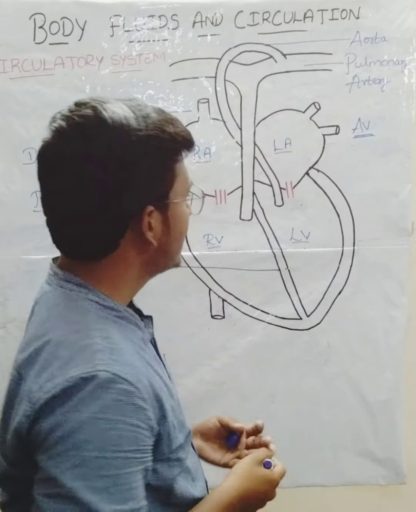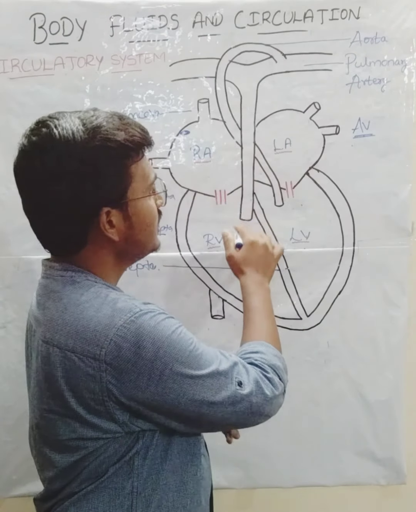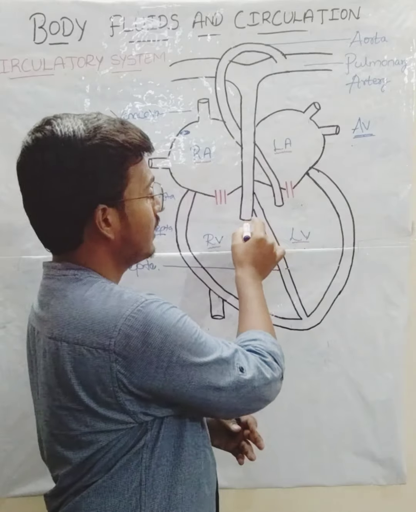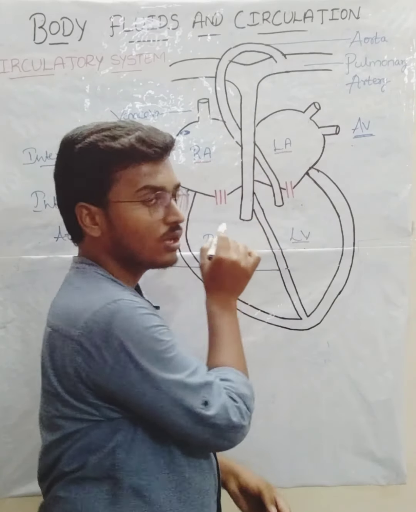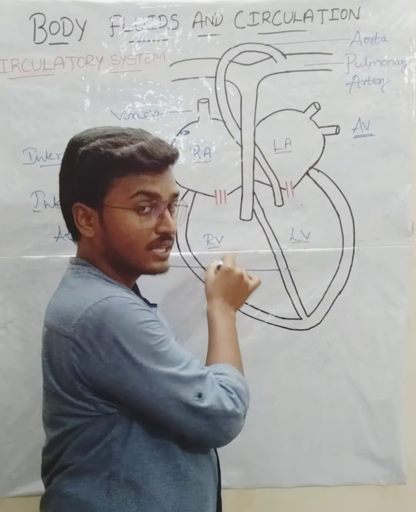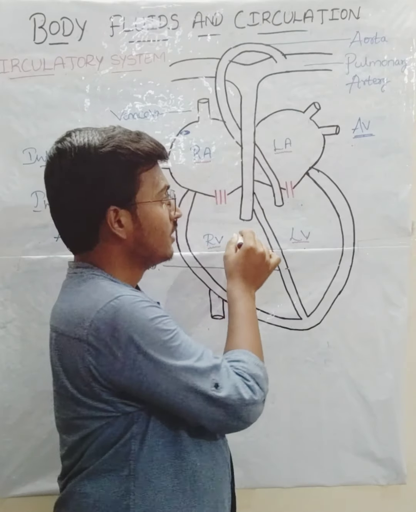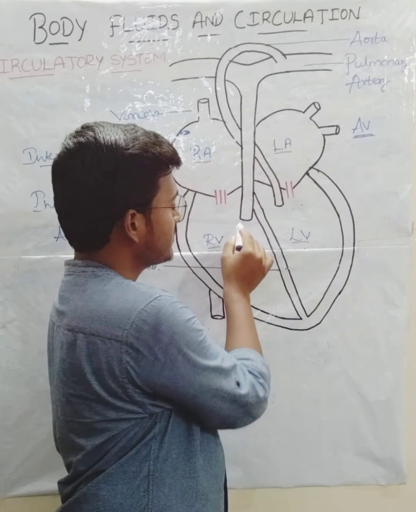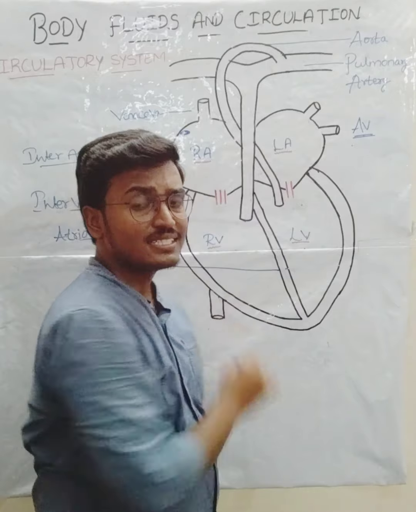There is a presence of semilunar valves here. From the right ventricle the pulmonary artery arises, but there is a valve right here. These are semilunar valves.